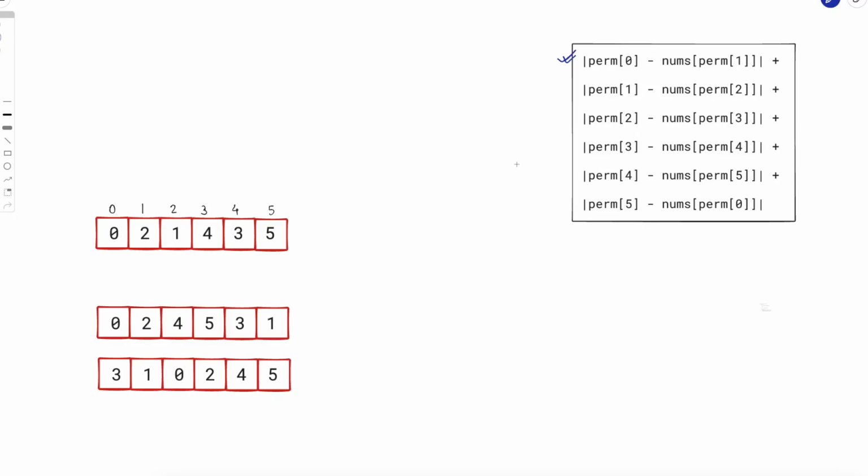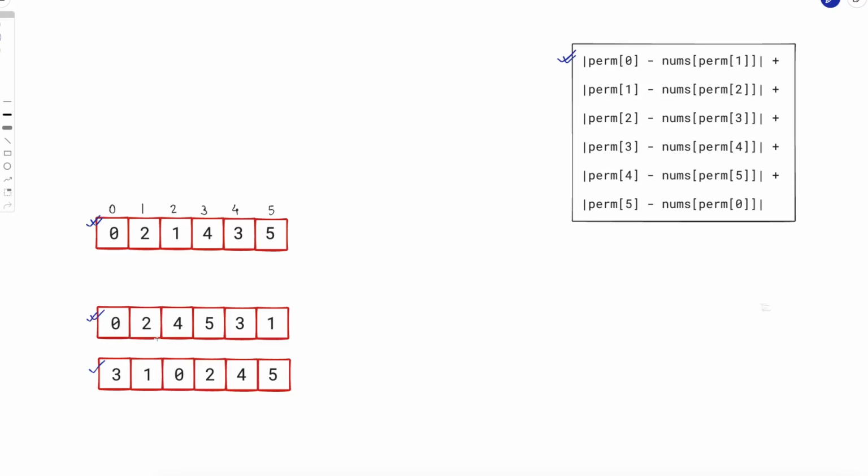And if there are multiple of them, you keep the one which is the lexicographically smallest one. So in this particular example, these two permutations will give you exactly the same score and the minimal score with this nums array, but among these two you will keep this one because it is the lexicographically smallest one.